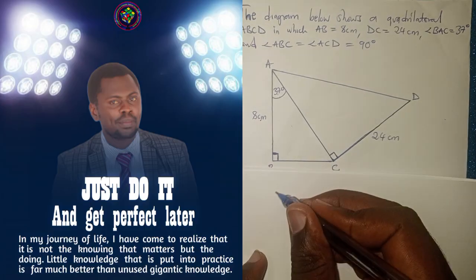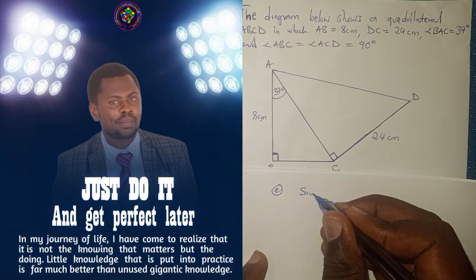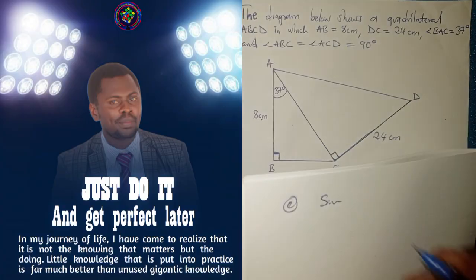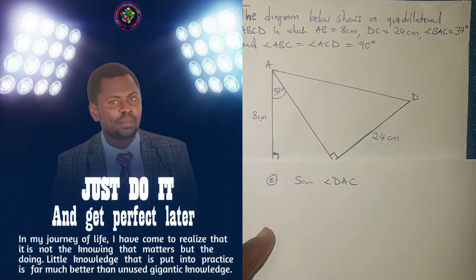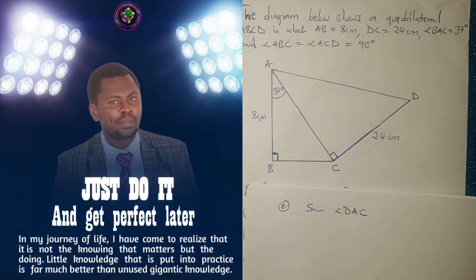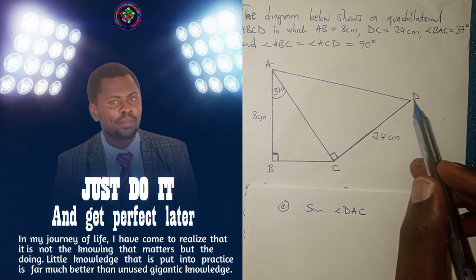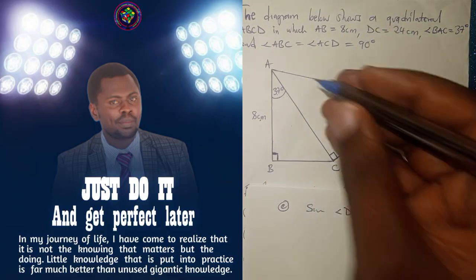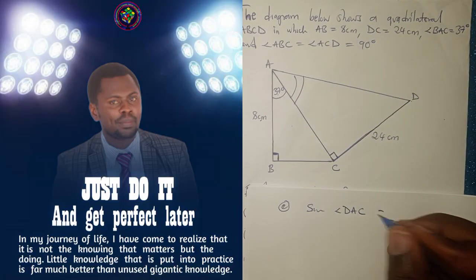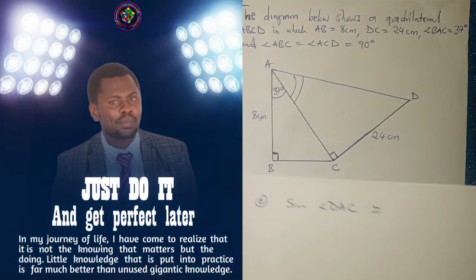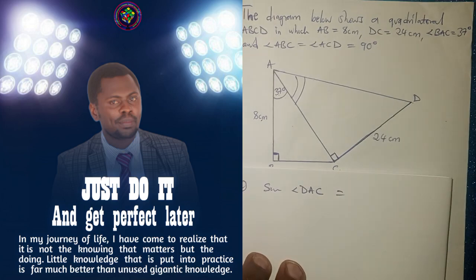So we want to solve for sine of angle DAC. So this is the angle. Sine is equal to opposite over hypotenuse.